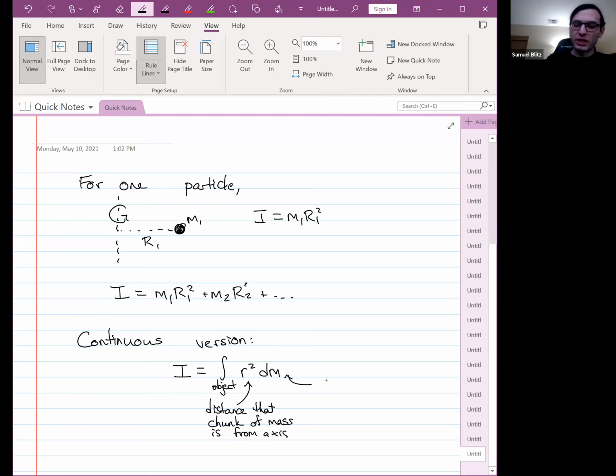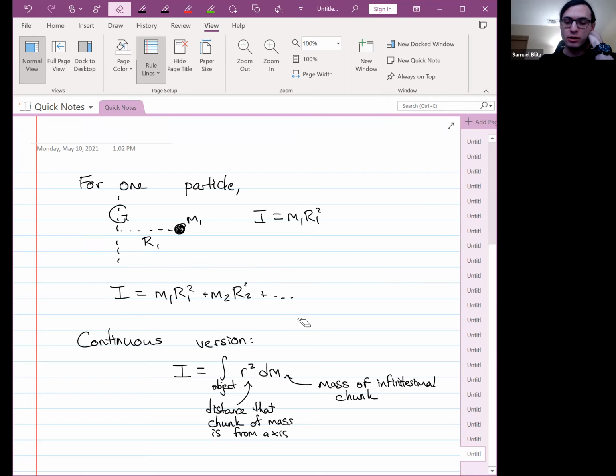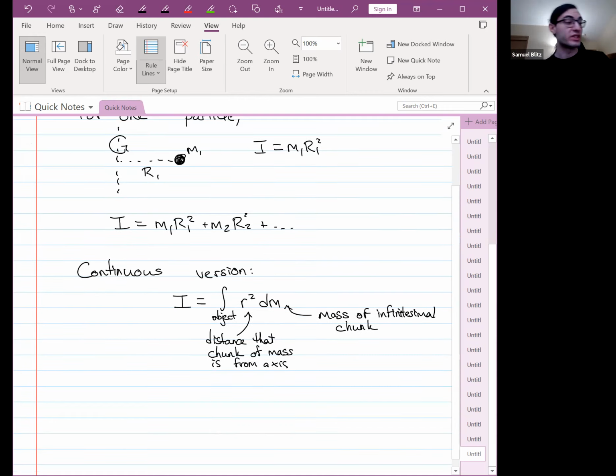And this dm is the mass of the infinitesimal chunk. And so you can see that this is just an infinitesimal version of this formula, because all an integral is, is adding up an infinite number of infinitesimal things. So we're just multiplying the distance squared times the mass, and then we're adding those all up for the entire object. So the question then is how do we actually do this integral?